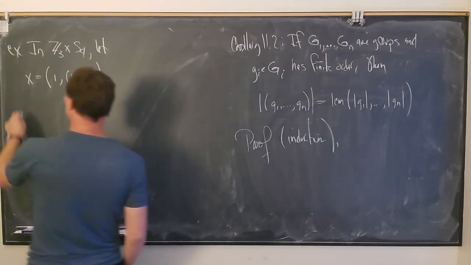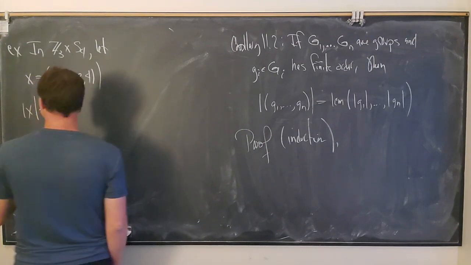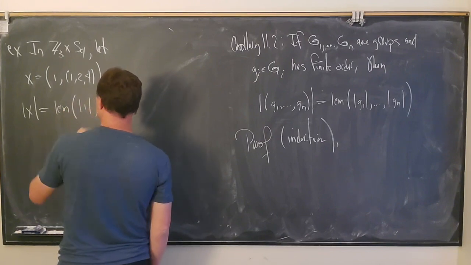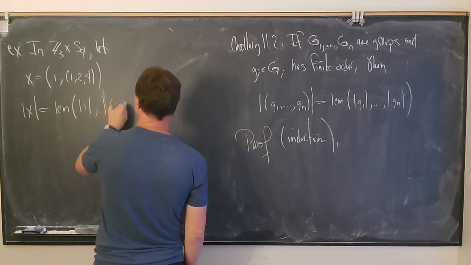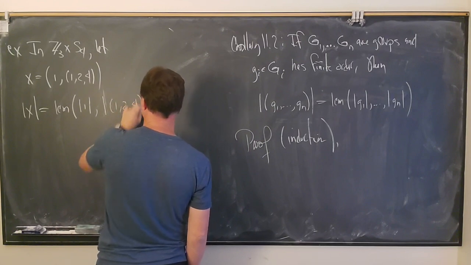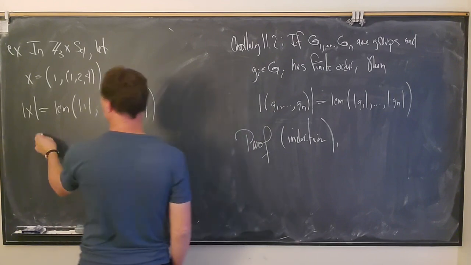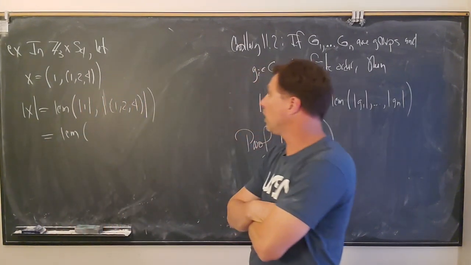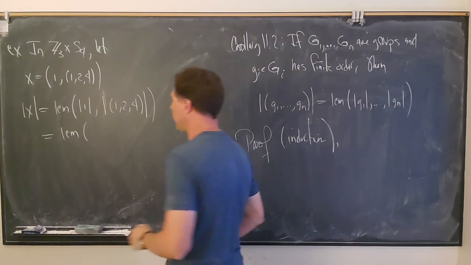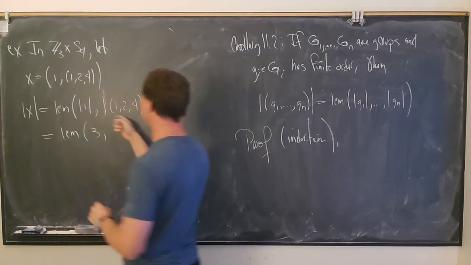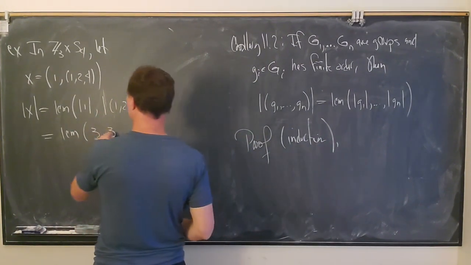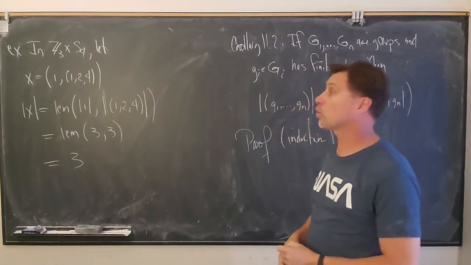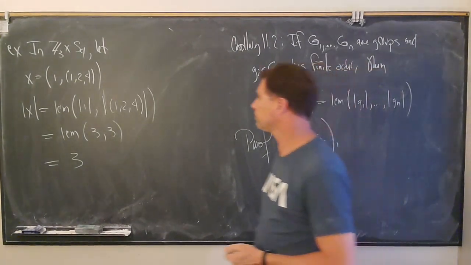Well, then the order of X is going to be the least common multiple of the order of 1 in Z3 and the order of (1 2 4) in S4. So what's the order of 1 within Z3? Well, it's the generator, right? It has order 3. And the order of (1 2 4) is also equal to 3. And so this element X has order 3.